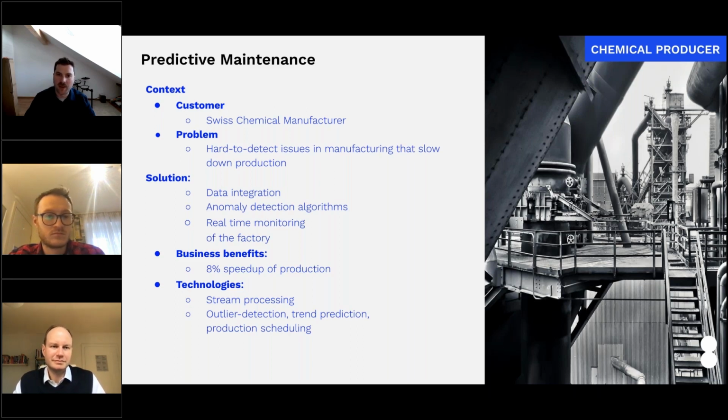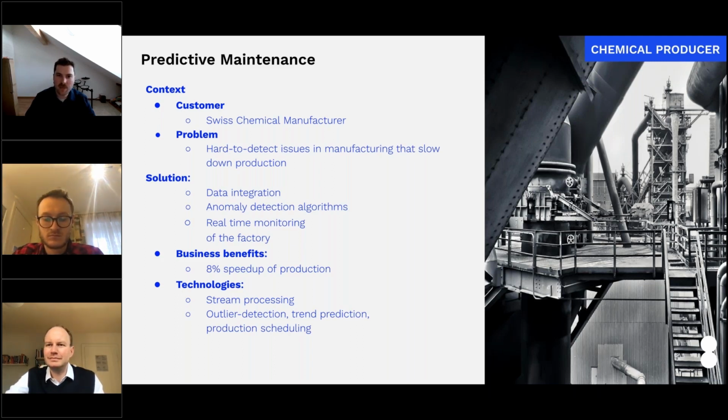And the problem that they had is that this factory is big and complex, but they were noticing that sometimes the production was slowing down for issues that were not always very easy to detect.